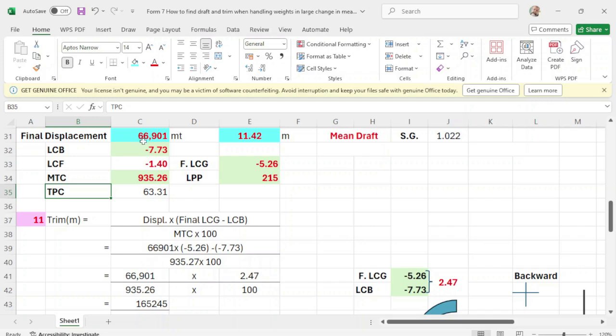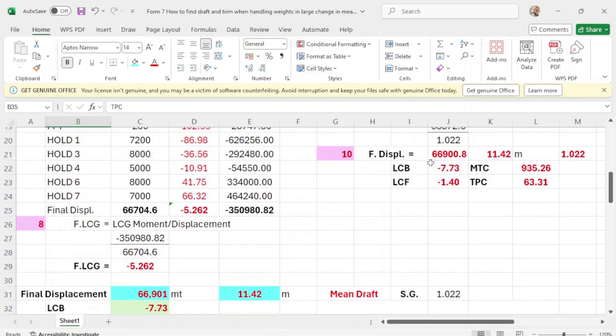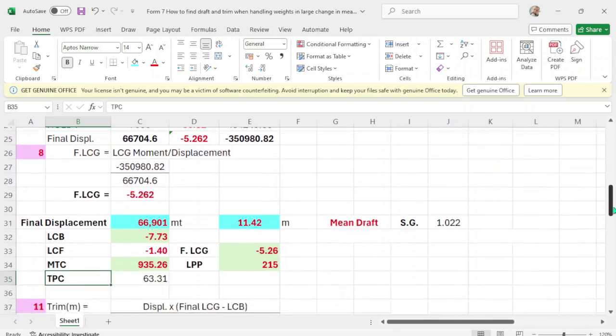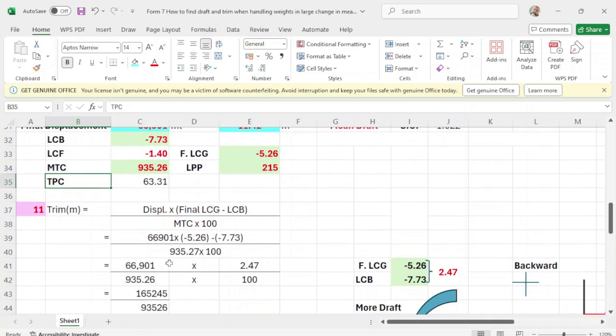Displacement is 66900, so I put 66901 to round it up, times your final LCG, negative 5.26, minus your LCB, negative 7.73, over your MTC, 9526.